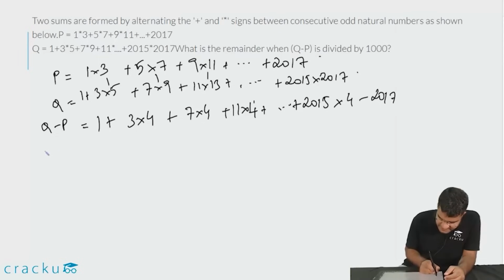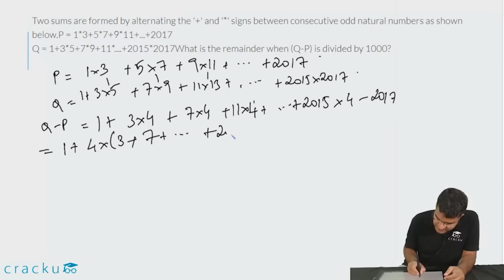So Q minus P actually becomes 1 plus 4 into 3 plus 7 plus dot dot dot plus 2015 minus 2017. Now this becomes the sum of an arithmetic progression. The number of terms in this arithmetic progression is 2016 by 4, which is equal to 504.